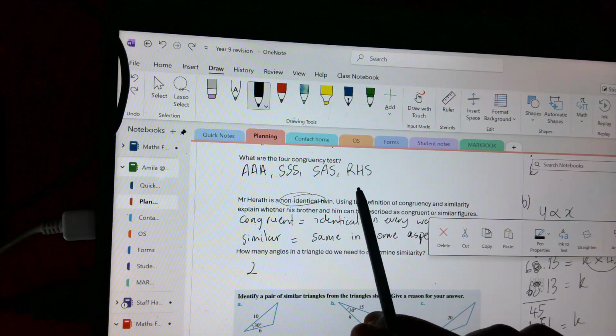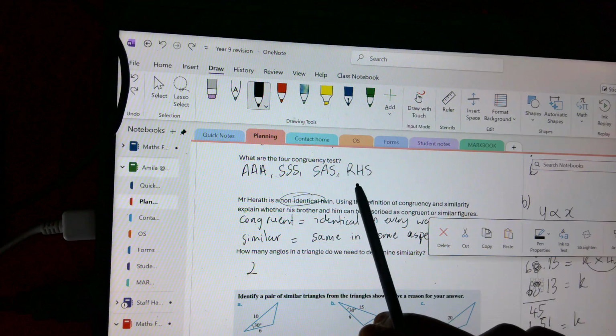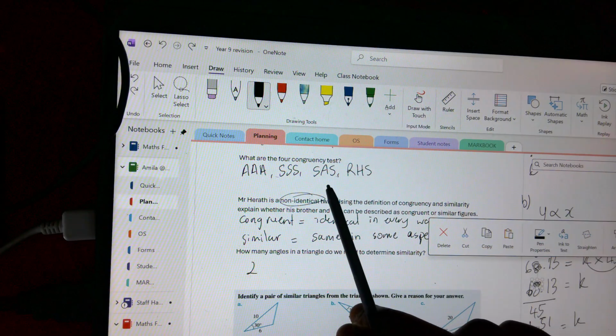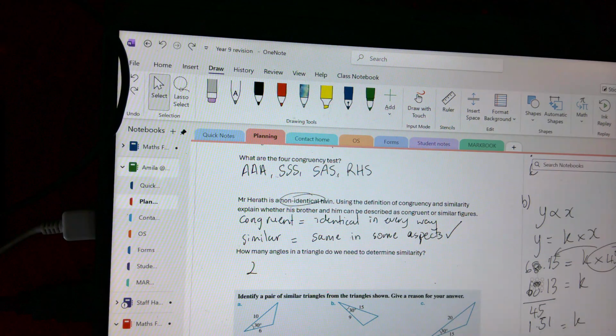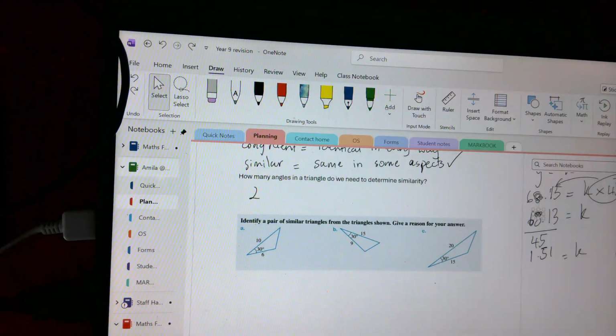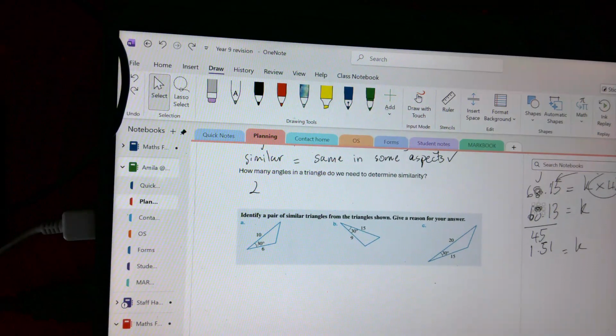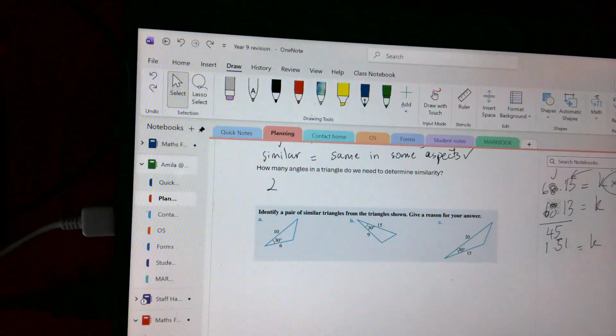We have no right angle symbol, so it's not RHS, so they're similar by SAS, or side angle side. But to make sure they're similar from side angle side, we need to have the same k value for our side lengths.